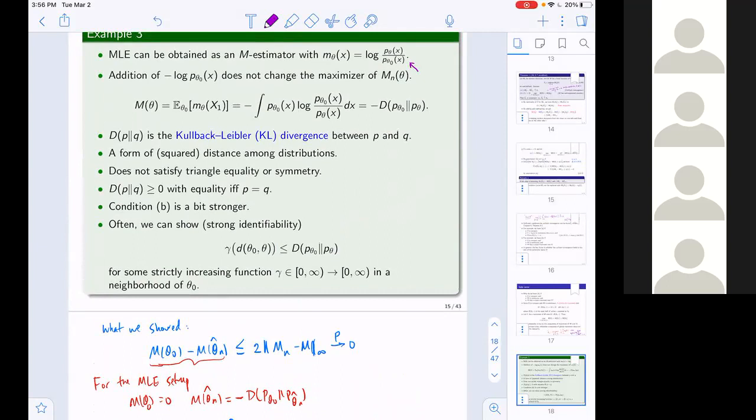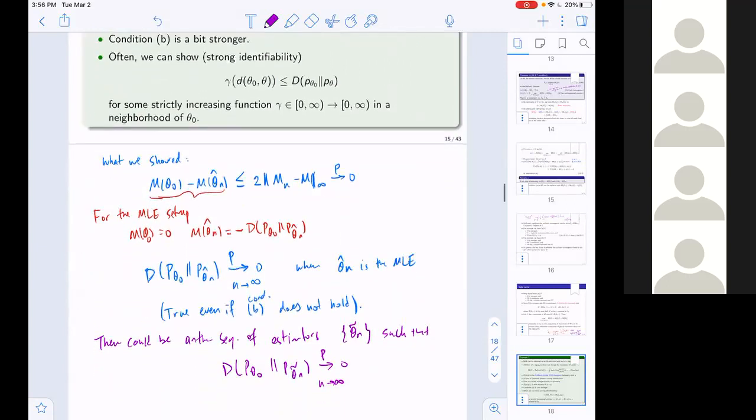So the MLE is very naturally suited for minimizing KL divergence, or not minimizing, but being consistent. You can say this is consistency in the KL divergence of the densities. If you think of your parameter as just the density, you're consistently estimating the density in the KL metric or divergence. But there could be other estimators, yeah.